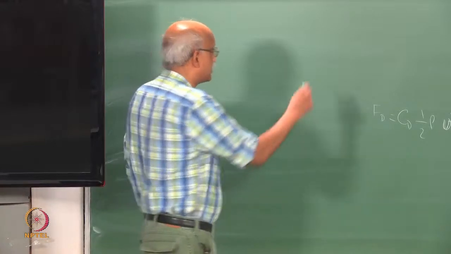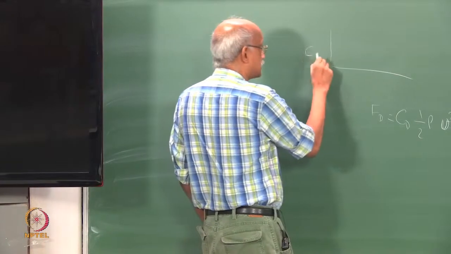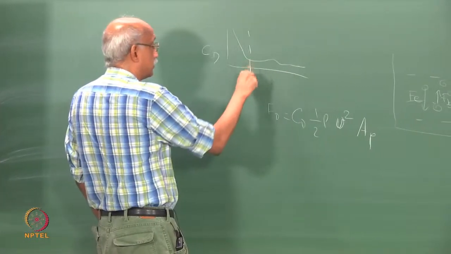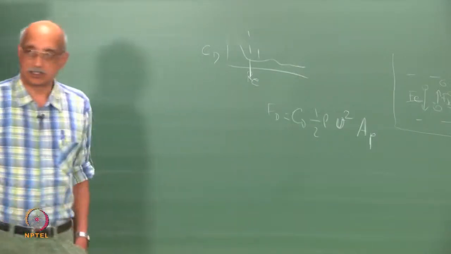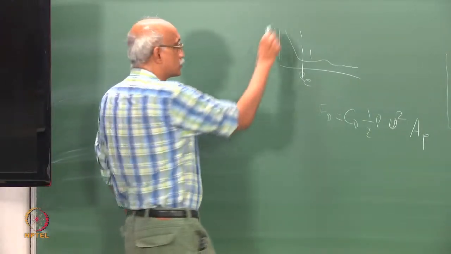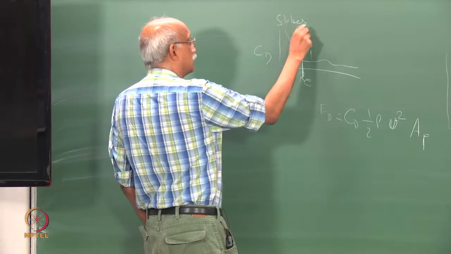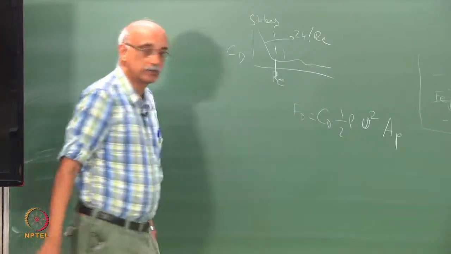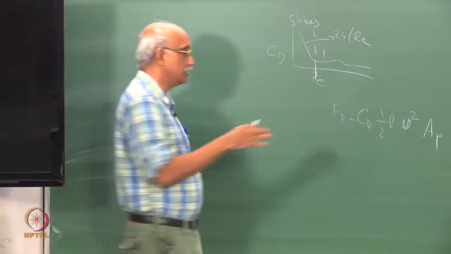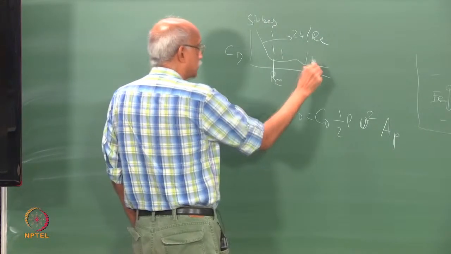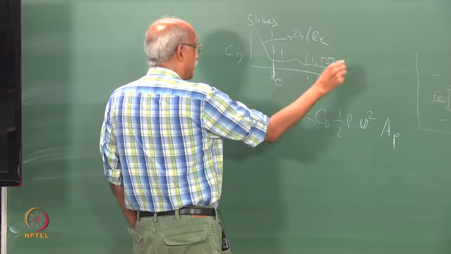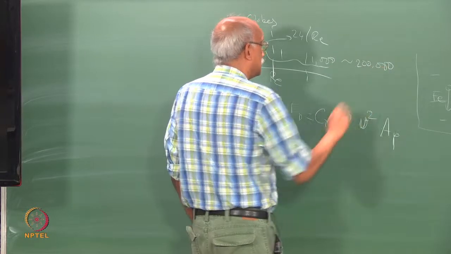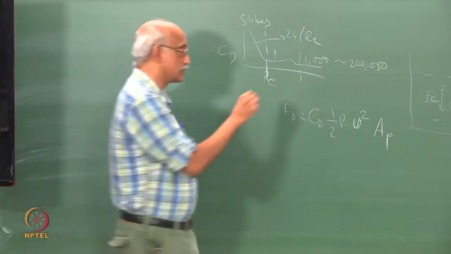Now, as we have seen before, CD itself has a certain dependence on Reynolds number. For Reynolds number less than 1, you get what's known as Stokes flow or creeping flow, and CD is related to the Reynolds number as 24 by RE. But if you go to a sufficiently large Reynolds number, 1000 and above, up to about 200,000, you are in something called the Newton's regime.